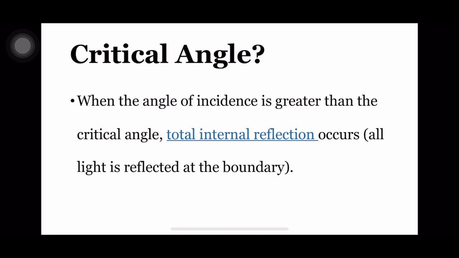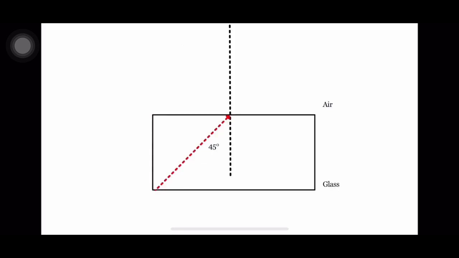All light is reflected at the boundary. Let's say we have an incident light ray at 45 degrees, which is higher than the critical angle of glass. Instead of refracting, it will reflect inside the medium itself. Hence the name total internal reflection, because all the rays will be reflected internally.